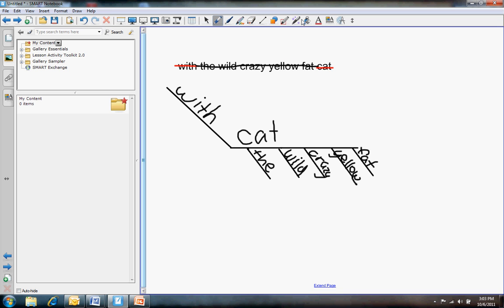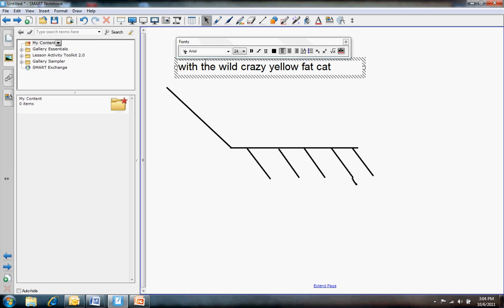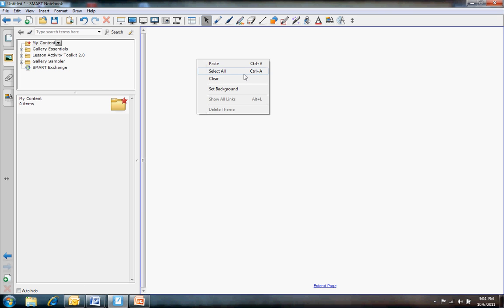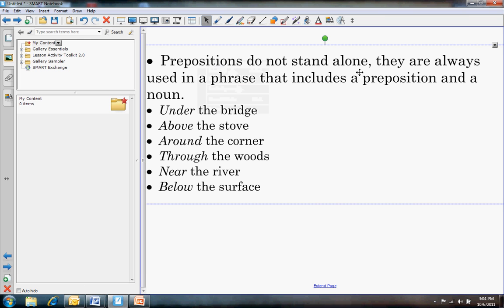Now, should you have more than one object of the preposition, I'm going to need to draw another. Here, we'll do this. Okay, let's copy that, get a new page, and then we will paste it. That is not what I wanted.